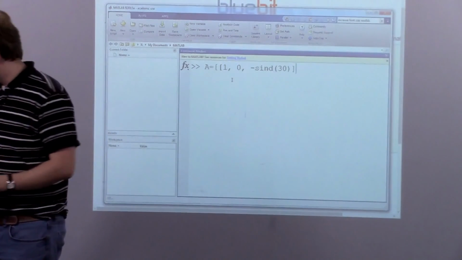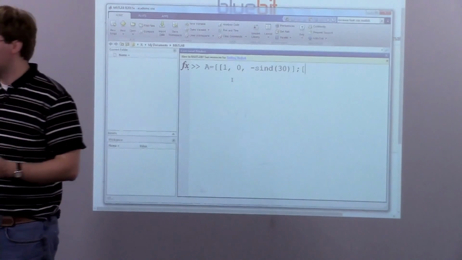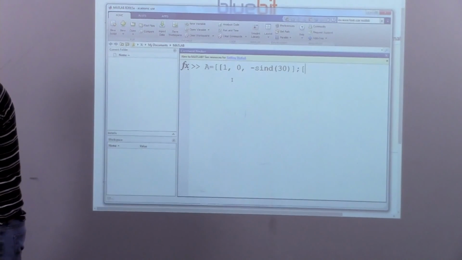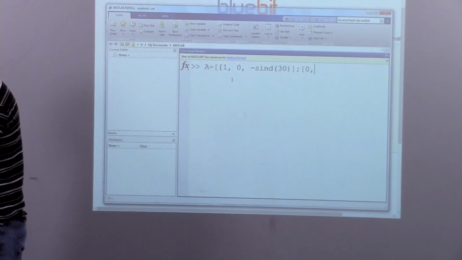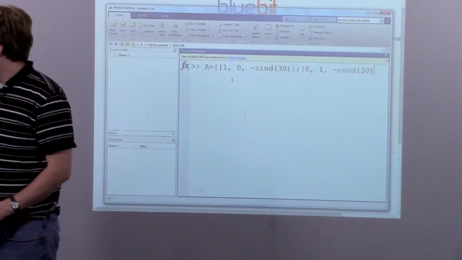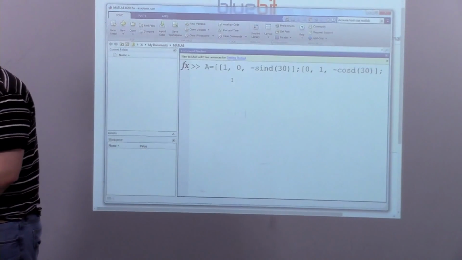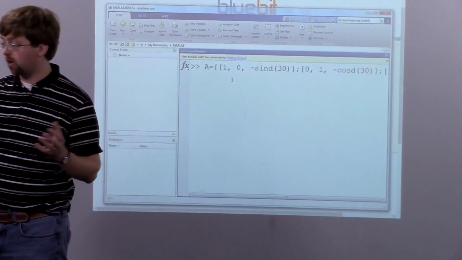For the next row, I'm going to do semicolon, and I do open square bracket to do the second row. So for the second row, I've got 0, 1, negative cosd of 30 is my second row. I do a closing square bracket, semicolon, open square bracket to start the third row.